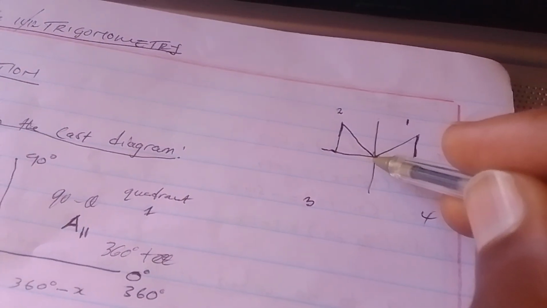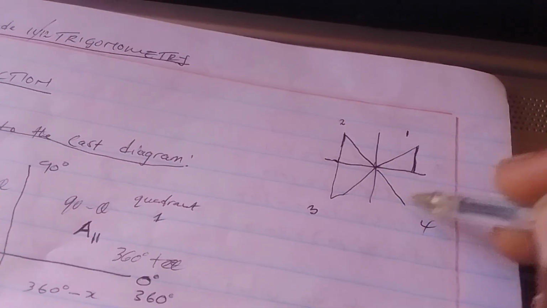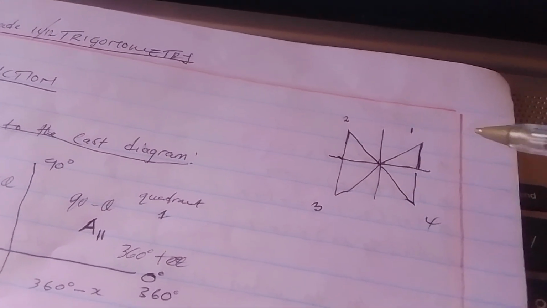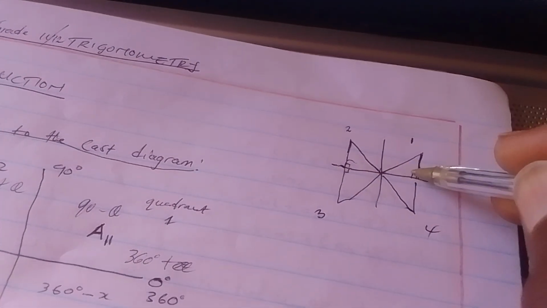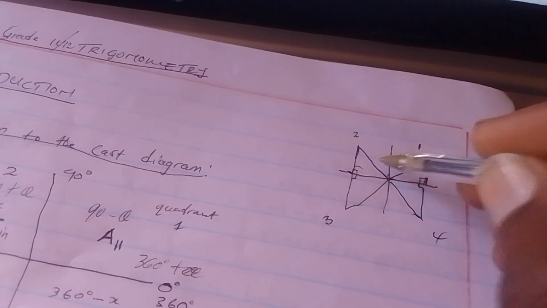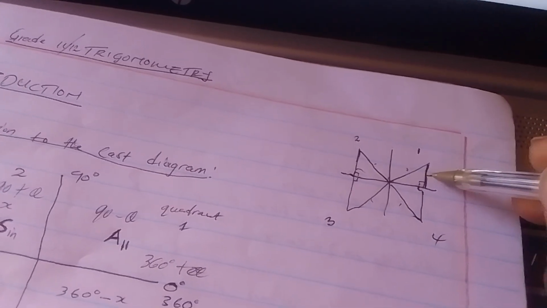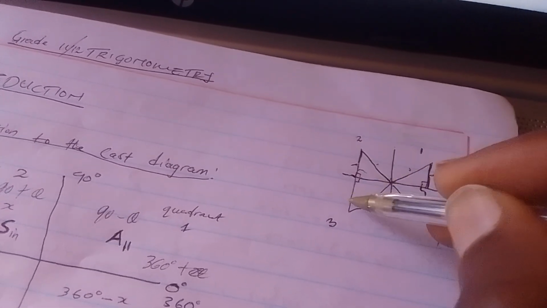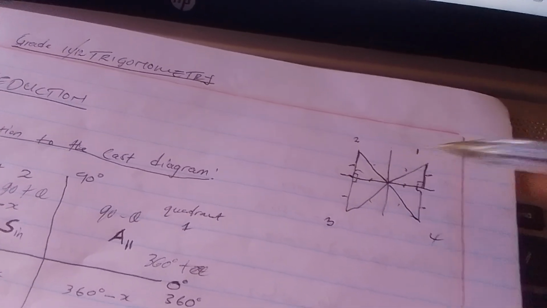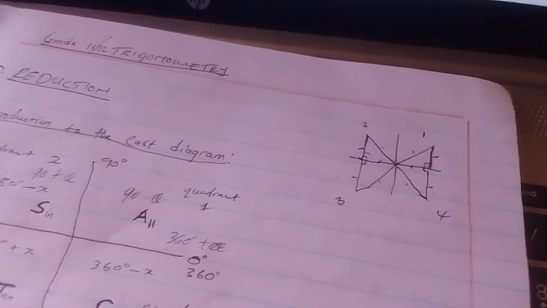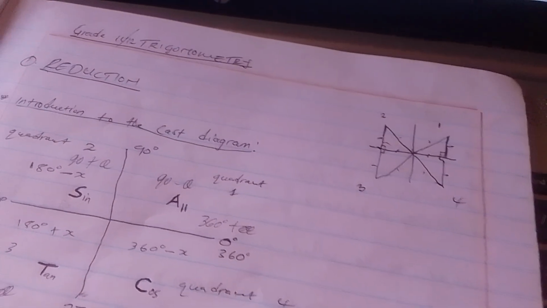On our third quadrant, like this. On our fourth quadrant, also like this. These are our right angled triangles. This is our hypotenuse, these are our opposite sides, and these ones are our adjacent.